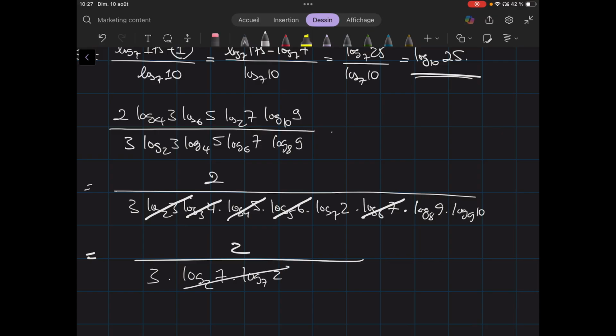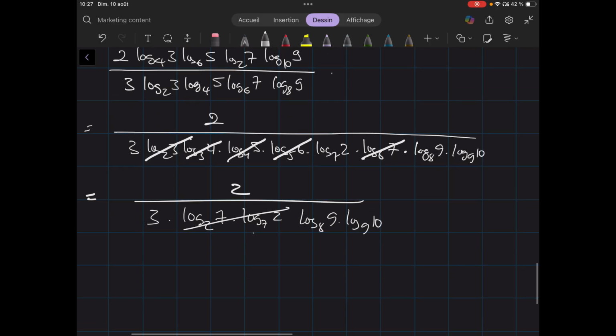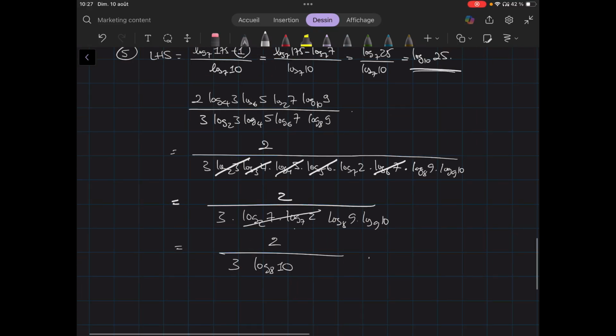This guy is convenient. I love it. And we're left with log base 8 of 9 and log base 9 of 10. We're almost there.